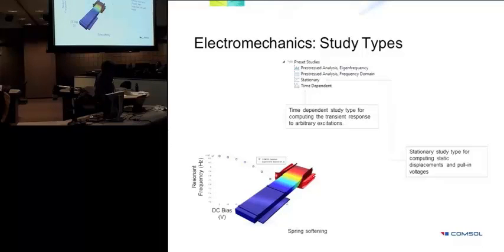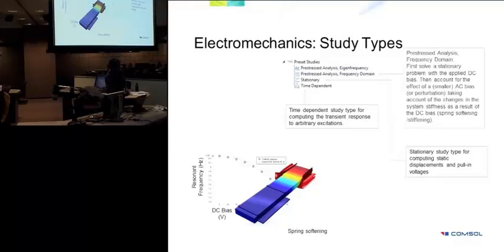There are two types of frequency domain analysis. One is pre-stressed frequency domain analysis or pre-stressed frequency response. Pre-stressed means that you have a DC bias, and then on top of that you're applying an AC perturbation. So it's already stressed because of the DC bias, and then on top of that, you're doing a frequency response analysis, which is different from just frequency response analysis.